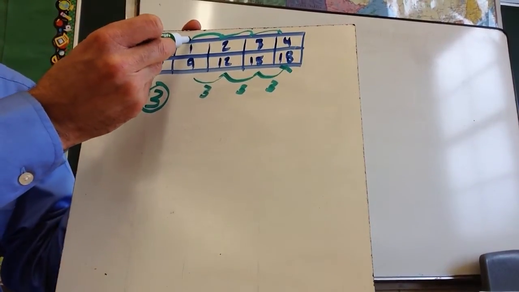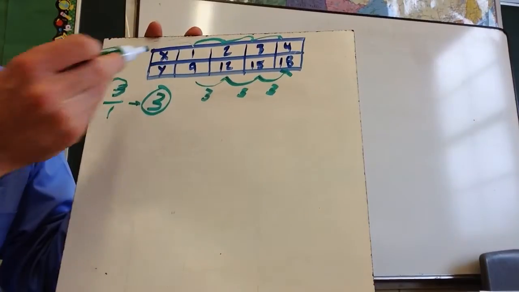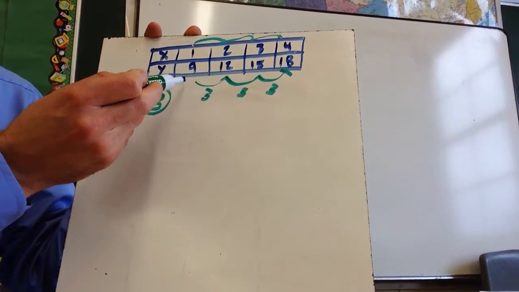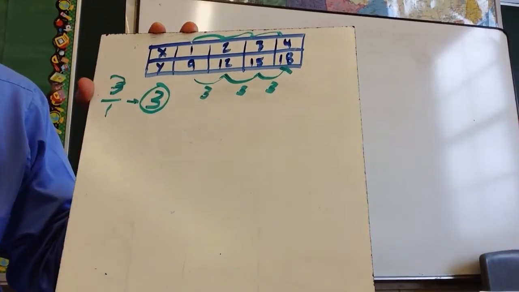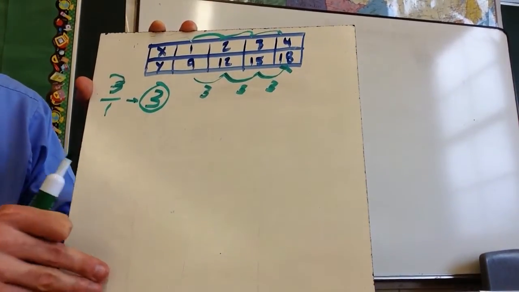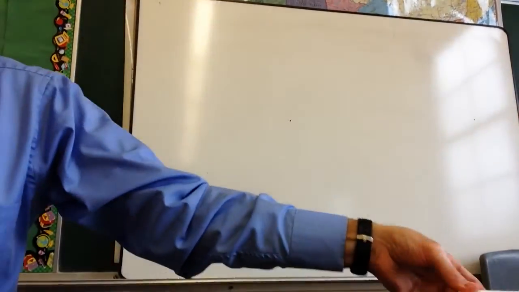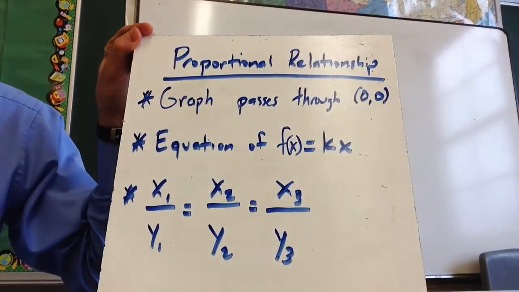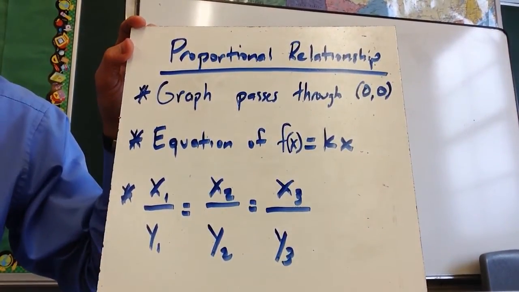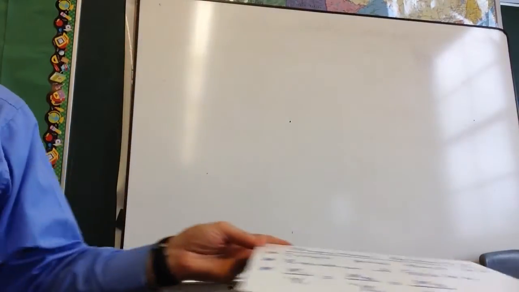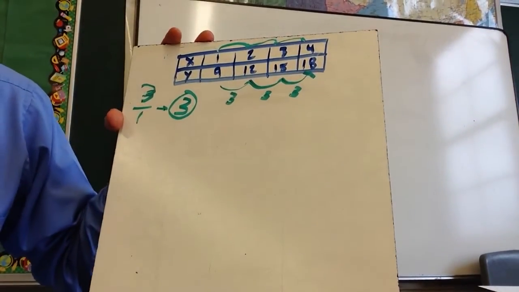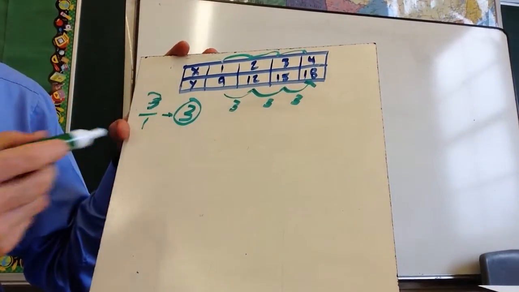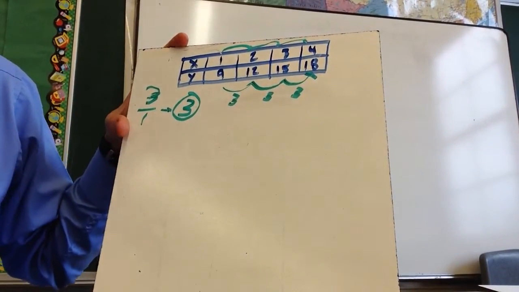So if I take this back to 0, so if I go back 1, these are going up by 3, so it would have to go down by 3. So this would become 0, this would be 6. So it's going to pass through 0, 6. It is not going to pass through 0, 0, which means that it does not satisfy the first part. Okay, now let's look at the second part. Can it be written in the equation y equals f of x, where f of x equals kx?